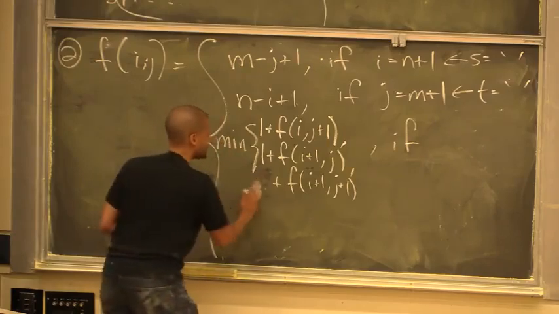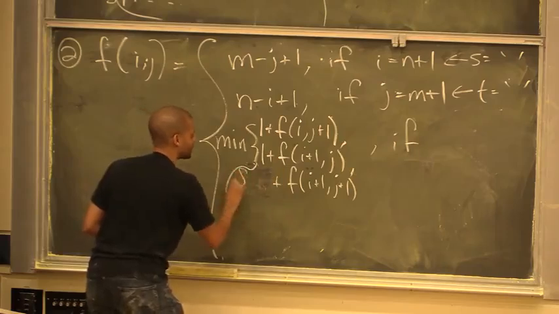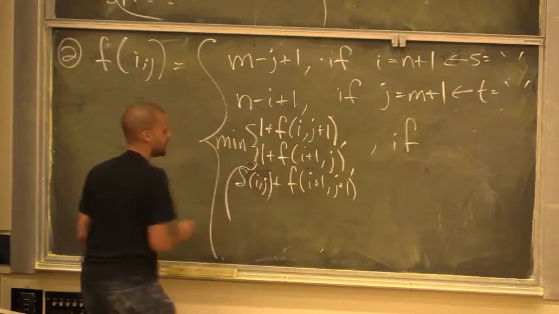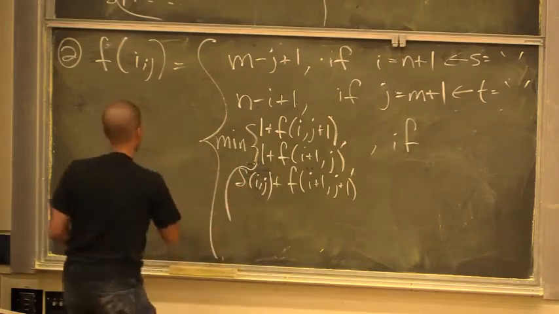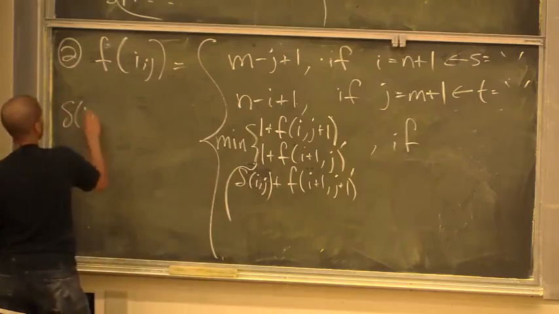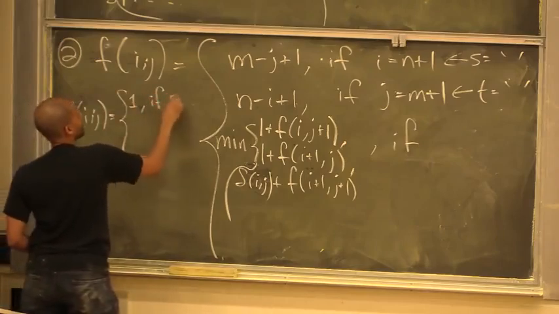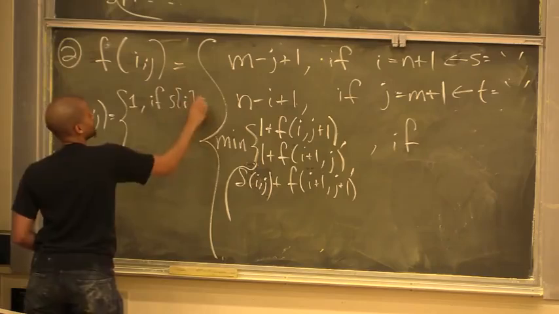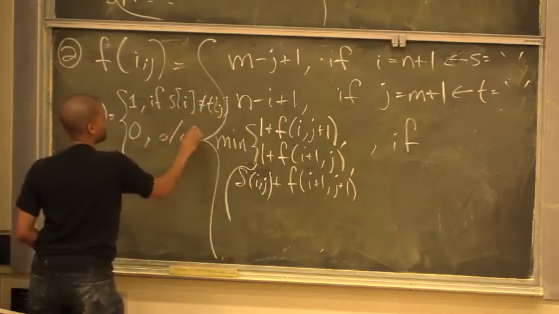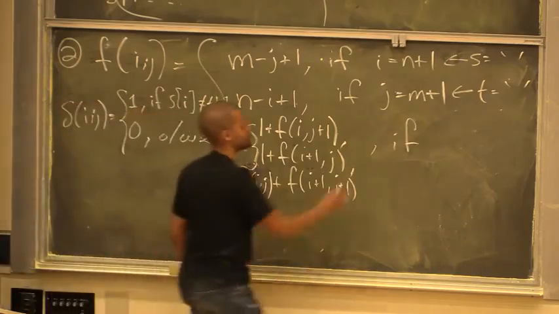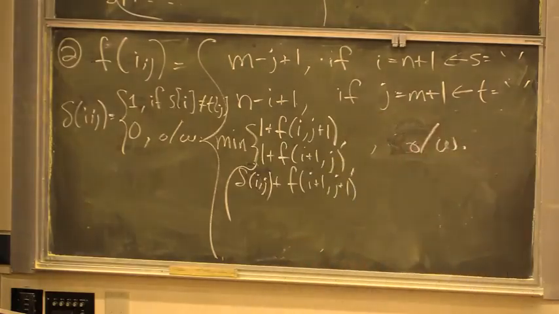So let's just call this delta ij. Delta ij means it's 1 if Si is not equal to Tj, otherwise it's 0 if they're equal. So this is otherwise.